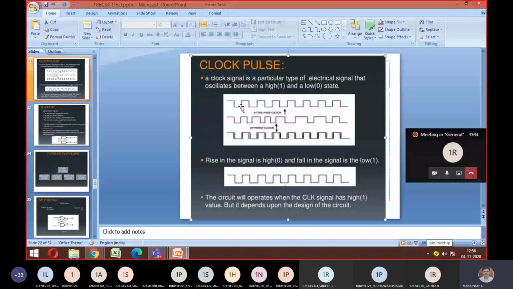Is it called one complete clock period? Yes or no? The starting edge to the starting edge of the next, is it called one complete cycle? Yes, sir.